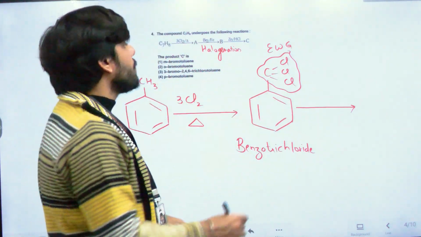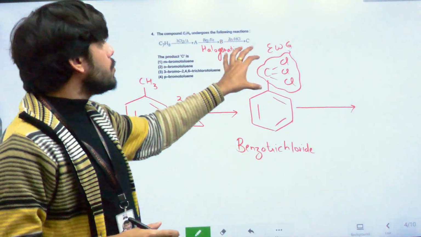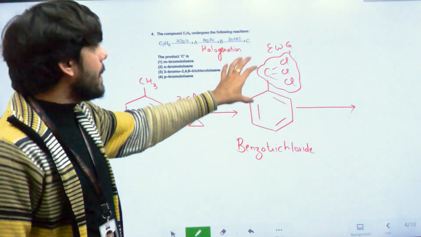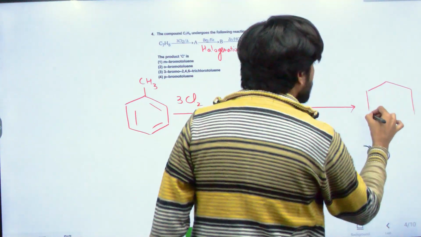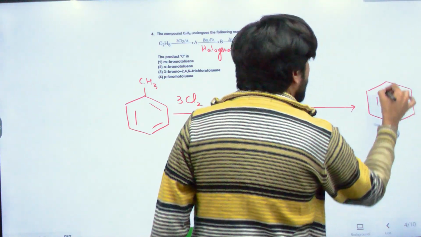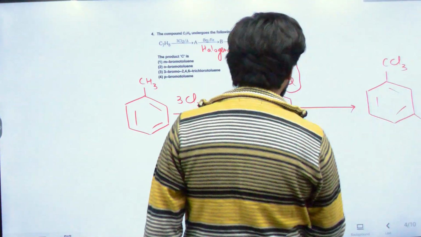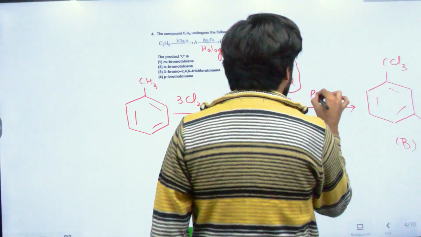And we know that in the presence of electron withdrawing group, the substitution takes place at the meta position. So this is basically a meta director. So bromine will be substituted at meta position. This is my B. So this was my A and this is my B on halogenation.